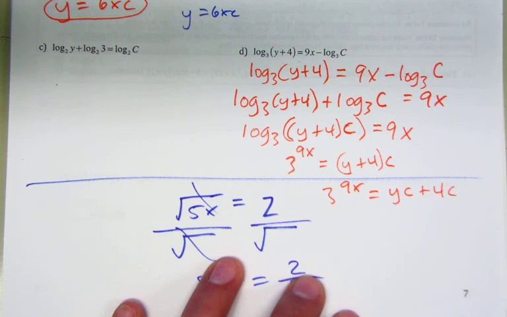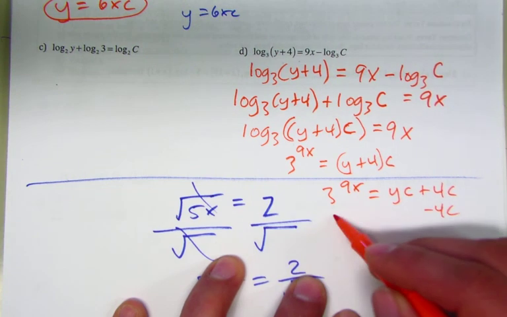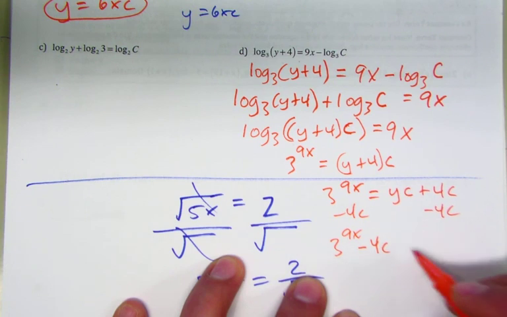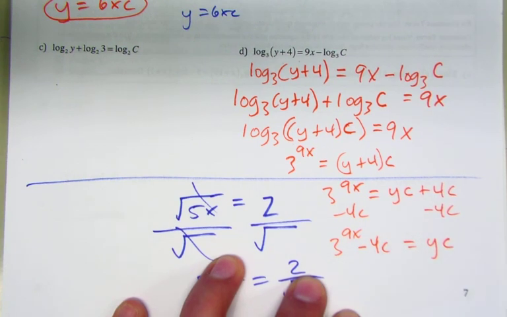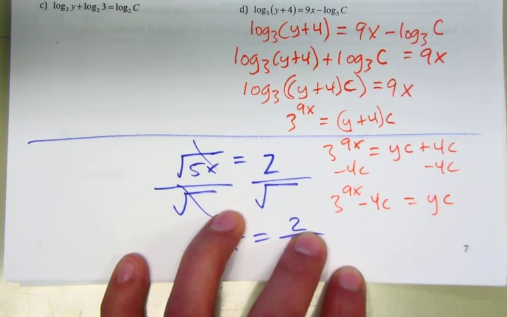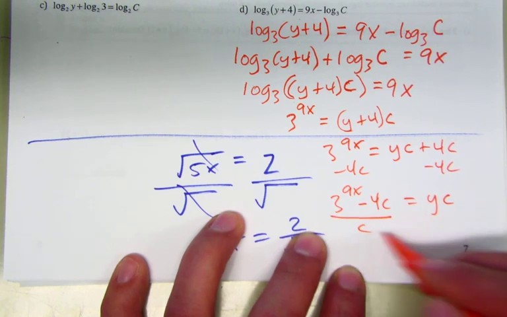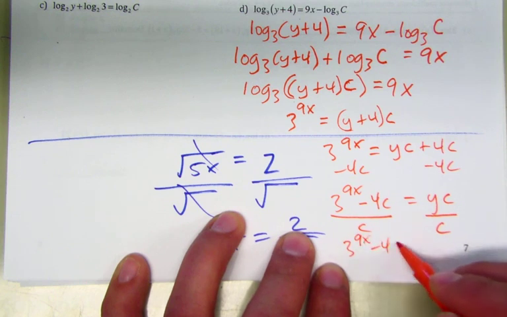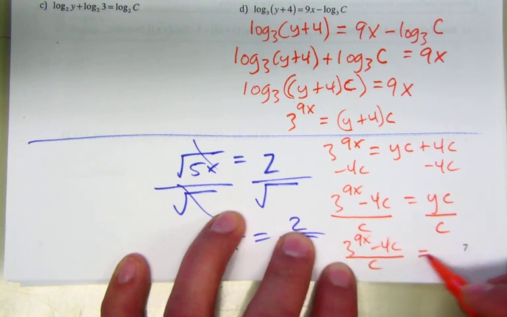Before we divide or multiply, is there anything I'm going to add or subtract? So 3 to the 9x minus 4c equals y times c. And now what can I do to get y alone? Divide by c. Very good. So 3 to the 9x minus 4c, over c, is equal to y.